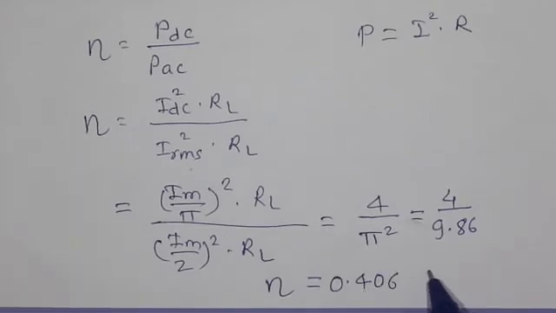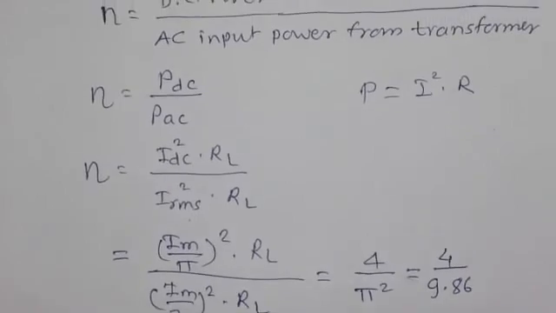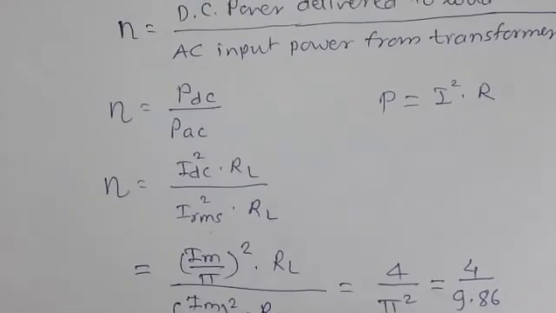In terms of percentage, it is 40.6%. This is the efficiency of the circuit. It is not very efficient, because only 40% of the output is observed and for the remaining there is no output. So we can say that the efficiency of the circuit is poor.